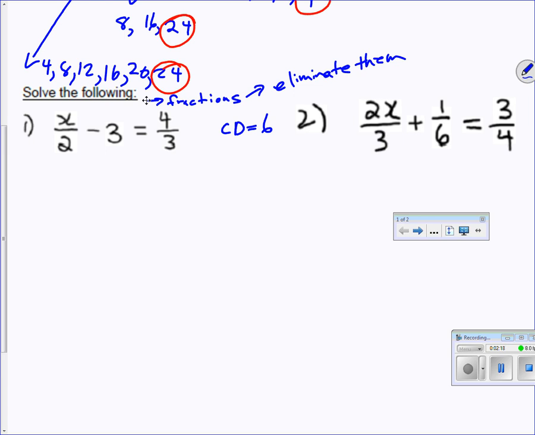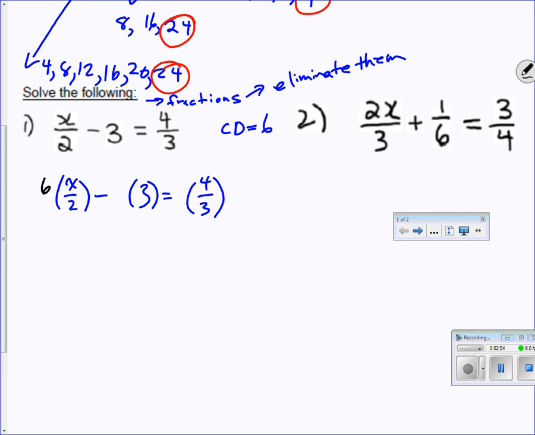So the first thing we're going to do is rewrite our equation with brackets. x over 2, minus, I'm going to put 3 in brackets here, equals 4 over 3 in brackets. Now we're going to multiply each of these numbers by 6.